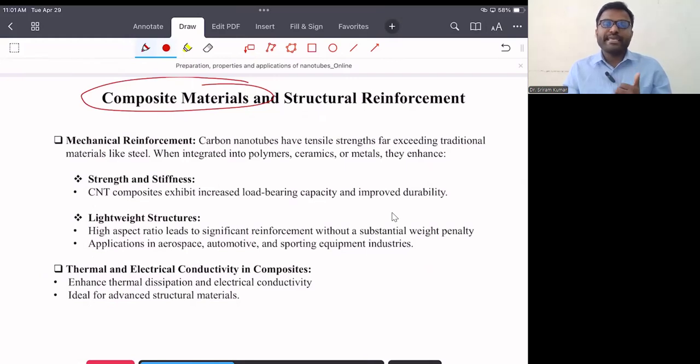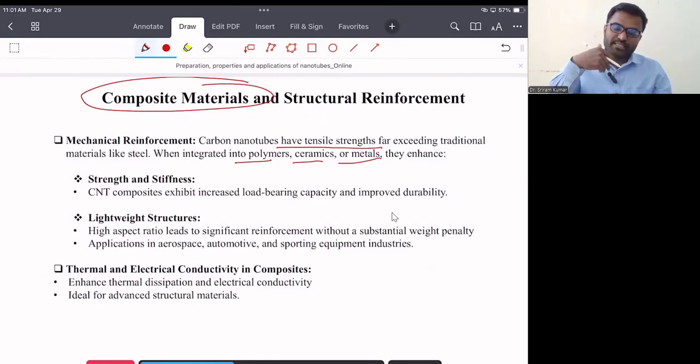Here we can use carbon nanotubes as reinforcement materials because carbon nanotubes have the highest tensile strength as compared to steel. So we can use them as mechanical reinforcement materials in polymers, ceramics, or maybe in metals.